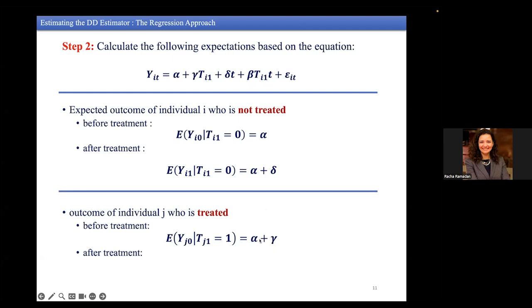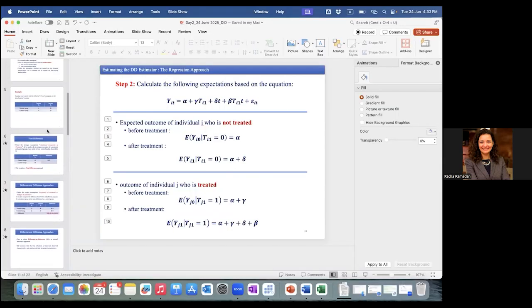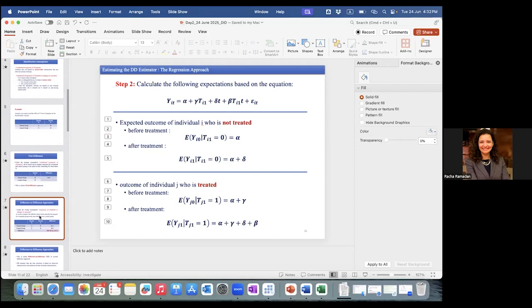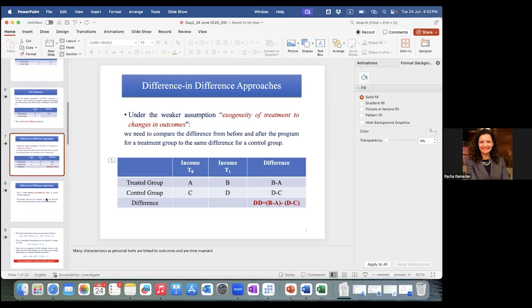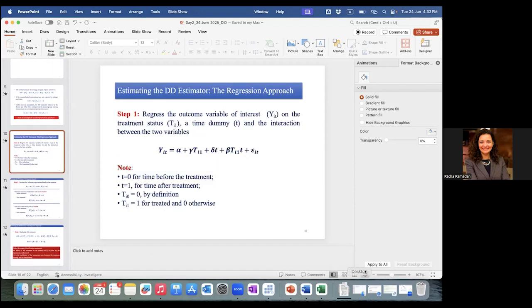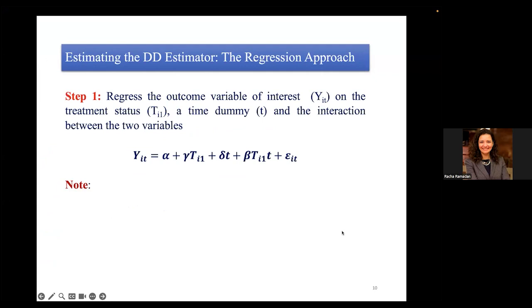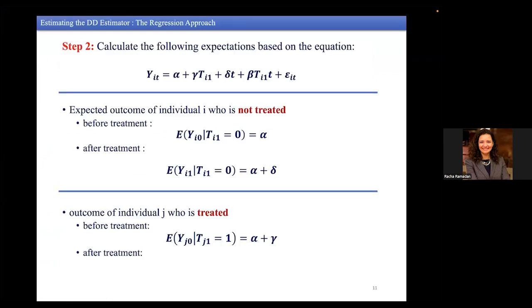So this is in our table, it is A. It is value A, the income of the treated group who are benefited from the program, but before the implementation of the program. Okay, now let's see what would be the expected income of this individual who is treated, but after the implementation of the program.